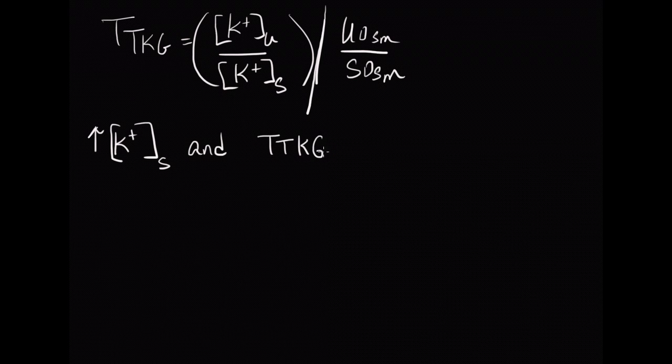In this type of patient, a hyperkalemic patient with a low TTKG, you know that if the TTKG is low, there's something wrong with the secretory capacity of the kidney as it relates to potassium. The kidney simply isn't secreting enough. The most common reason is that there's a lack of aldosterone. And the way to prove that is you administer an aldosterone agonist.